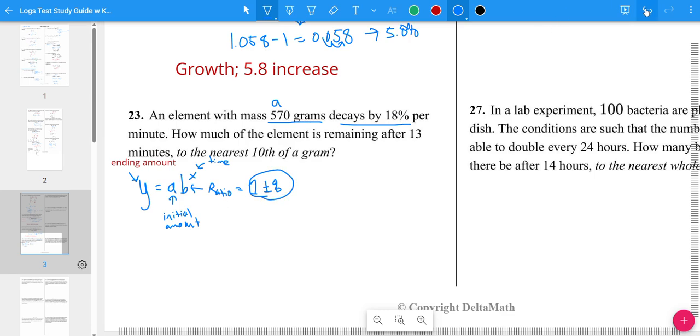So 1 plus my percentage if I'm going up, or 1 minus if I go down. So my ratio is going to be 1 minus 0.18 equals 0.82.